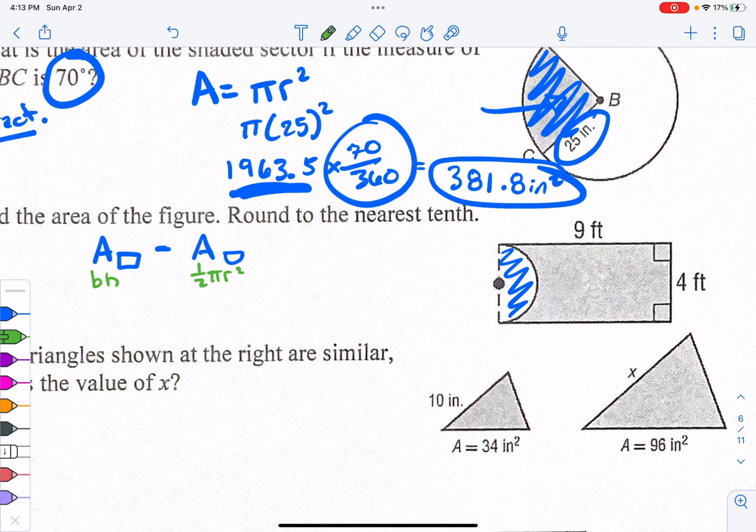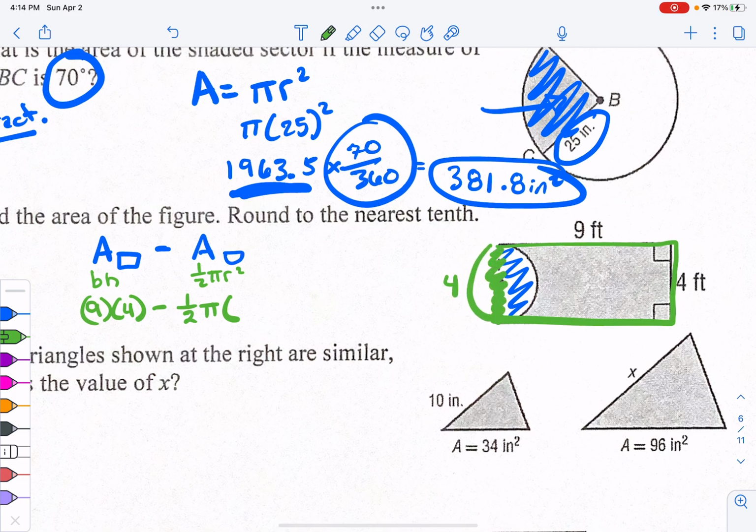So the base of this rectangle is 9, and the height is 4, minus 1/2 pi, and the radius of this little half circle, this whole thing would be 4, which means the radius, half of that, would be 2.